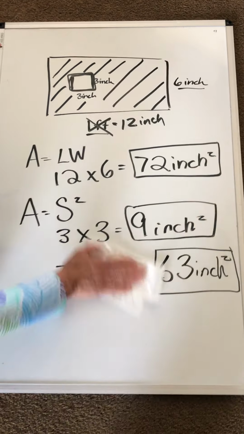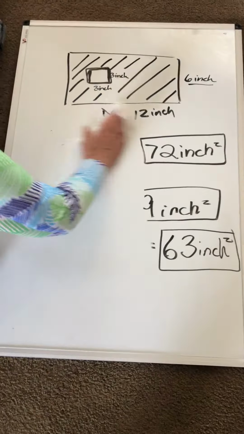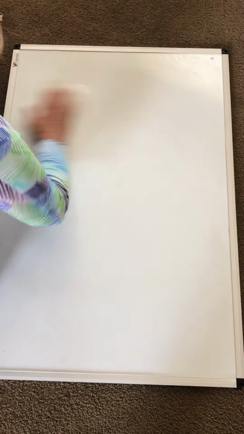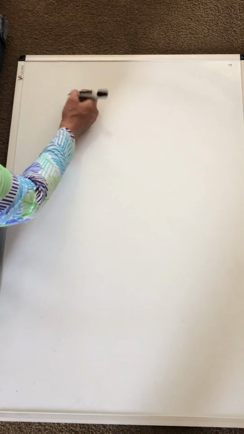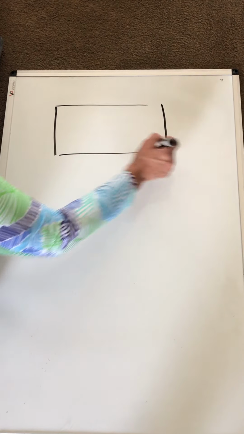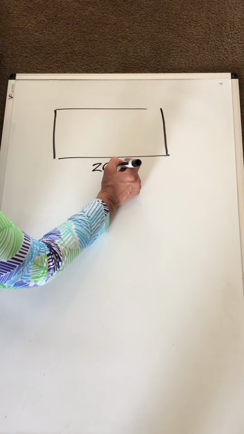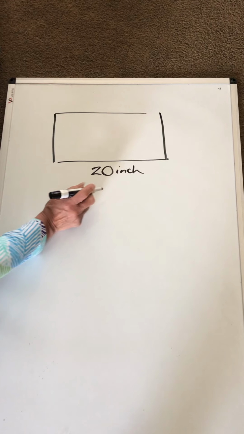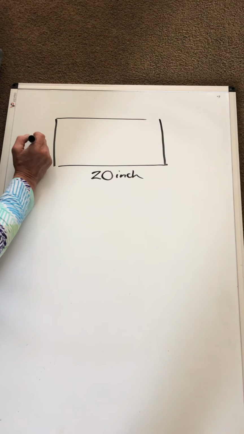If you'd like, I'll do one more quick example. Okay? So let's look at this here. Same type of problem. You have a rectangle with an area of 20 inches, or sorry, length and width.